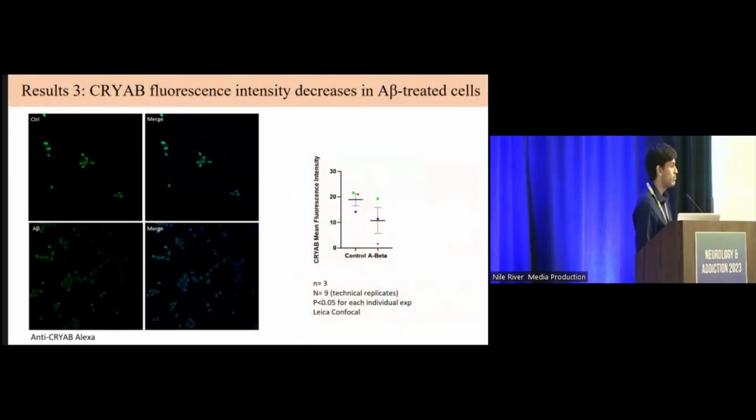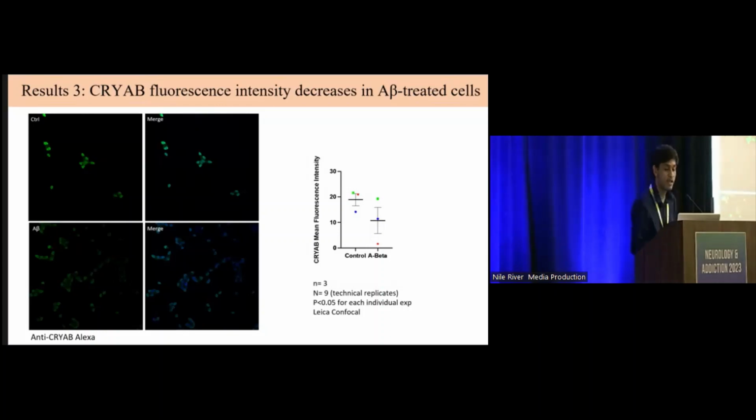Now, going back to the initial idea of validating the proteins that we thought were interesting, CRIAB initially, the finding happily matched what we saw in the mouse model, the 5xFAD mouse model. And you can see in immunofluorescence, in A beta compared to the control, there is a reduction in immunofluorescence.